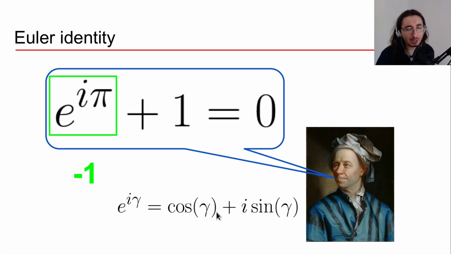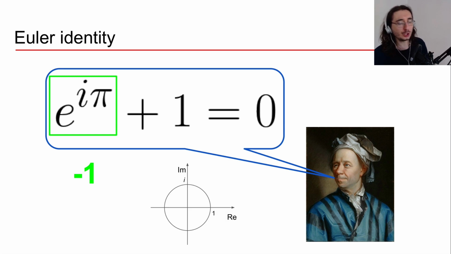But let's try to visualize this and see if it works. And for that, we should go back to the complex plane. Now we want to see e to the i times pi, and that is at this point here. So the value that we are tracing on the unit circle is the one that is resting on the negative real axis.